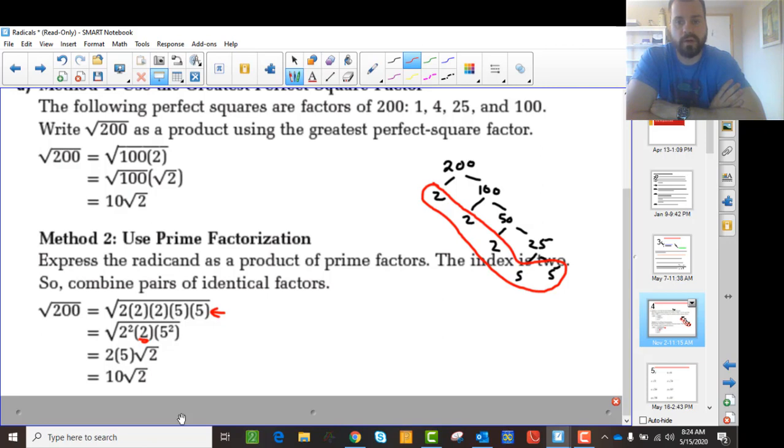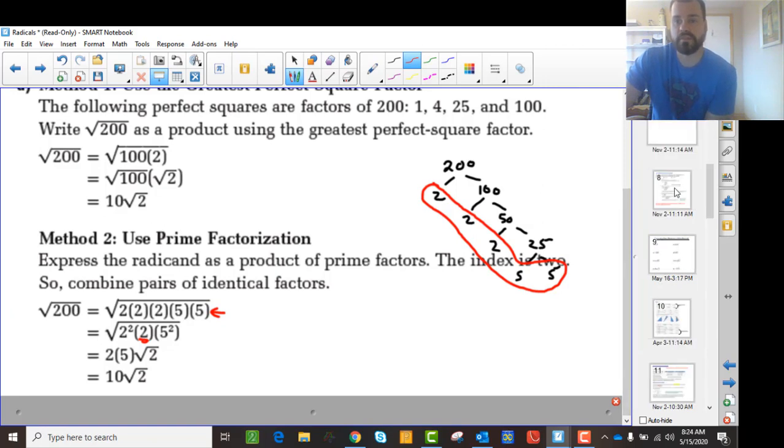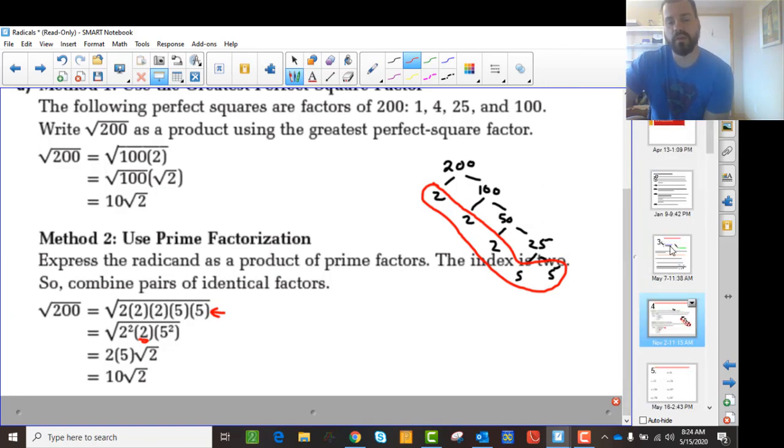Okay, you may find that you actually have to reduce 2 times. The prime factorization method is going to give you the answer every time, but it does take a little bit longer because you have to prime factor first. So it's up to you how you go about it. But we'll look at a couple of examples, and I'll kind of intersperse the method so you can see examples of each one.